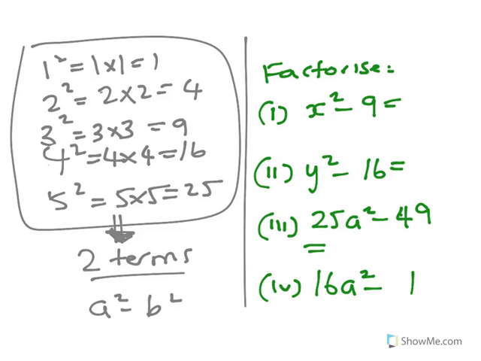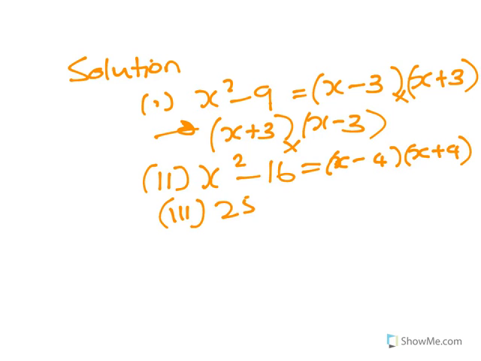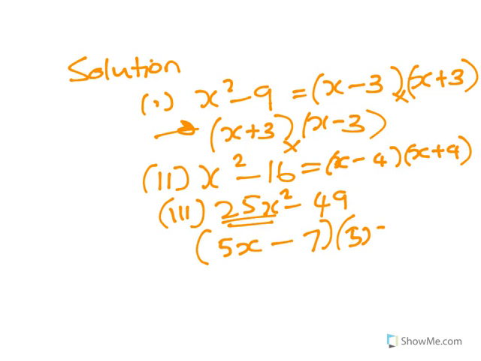The other one, 25x squared minus 49. So the square root of 25 is 5, and x squared is x. Square root of 49 is 7, so 5x plus 7, 5x minus 7. And part 4, 16a squared minus 1.